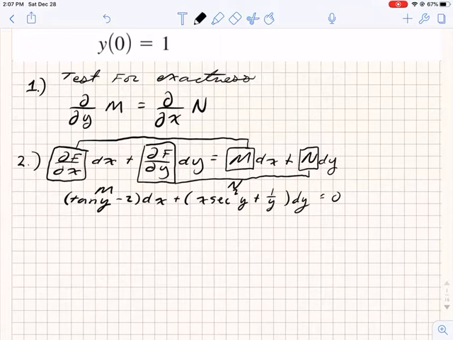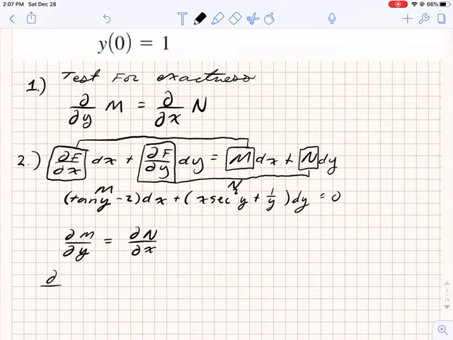So now let's use formula number 1. The partial derivative of m with respect to y must be equal to the partial derivative of n with respect to x.